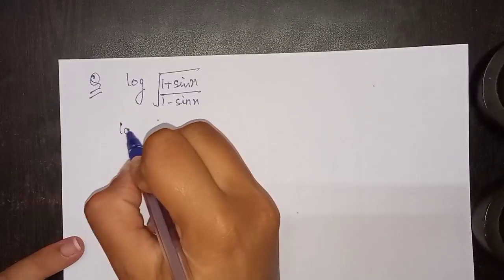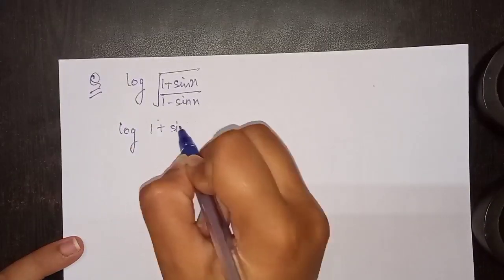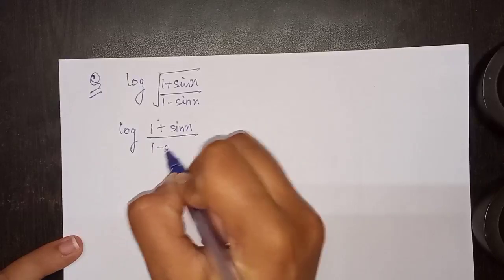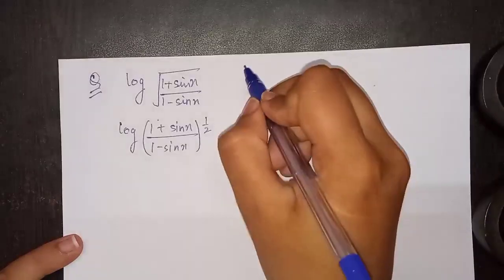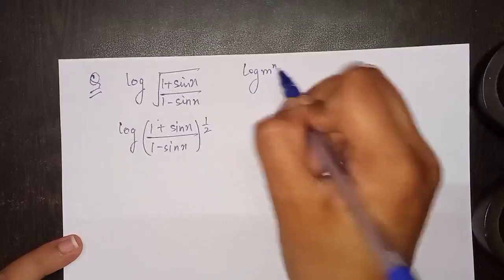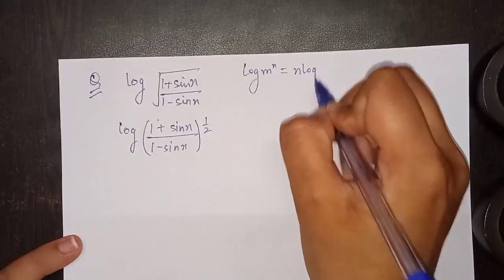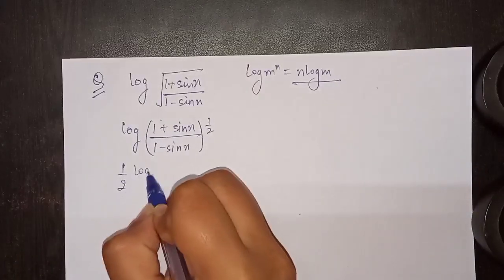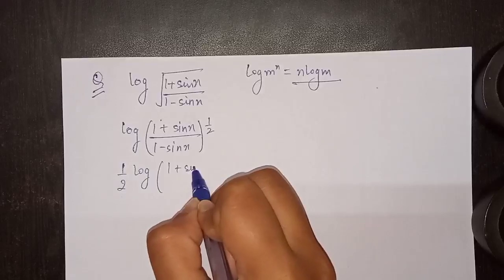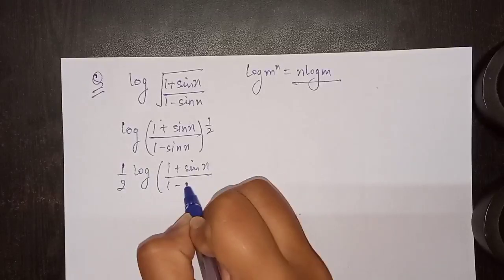See, this will be log of ((1 + sin x) divided by (1 − sin x)) whole to the power 1/2. You very well know log m to the power n is equal to n log m. Half log of (1 + sin x) divided by (1 − sin x).